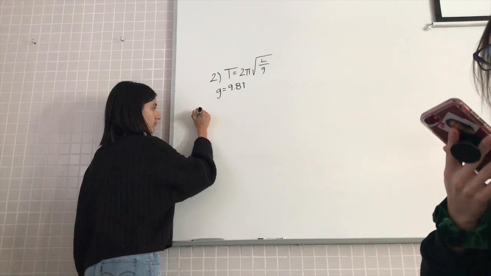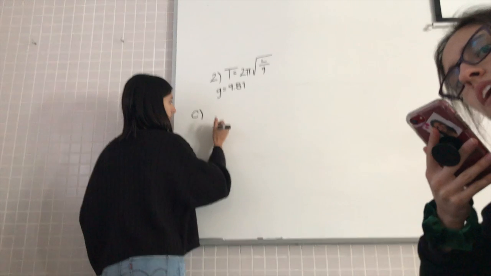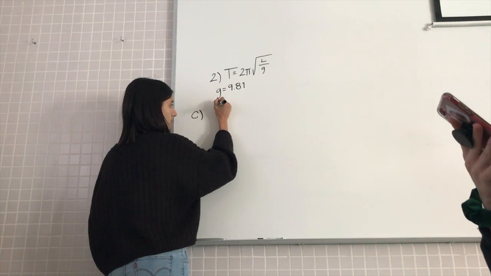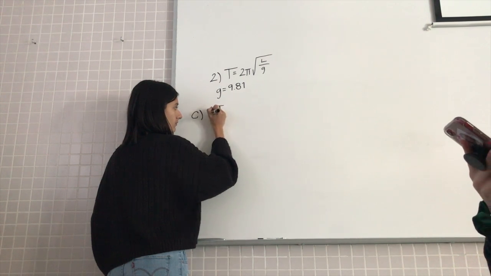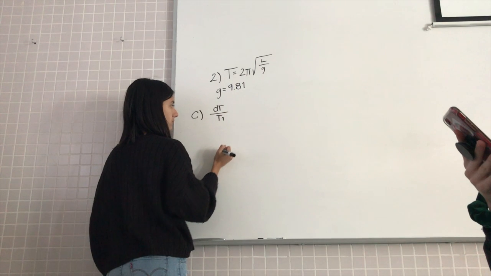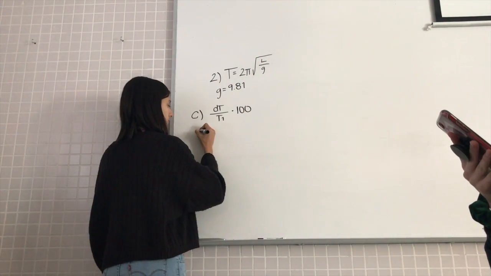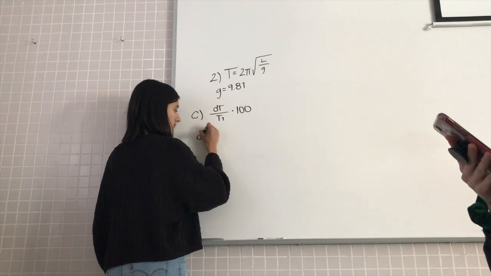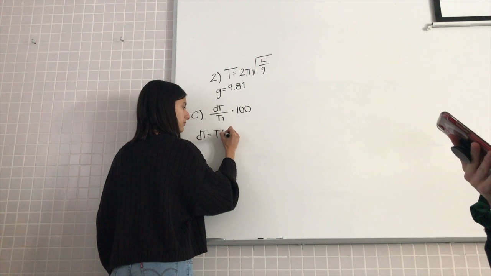Letter C says to find the approximate percent change in the period. This is associated with dT. To find the approximate percent change, we have to divide dT over T1 and multiply that times 100. For us to be able to do this, we first have to find dT. dT is T prime times dL.